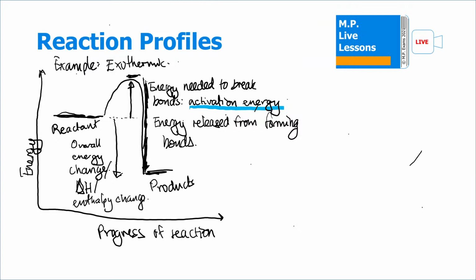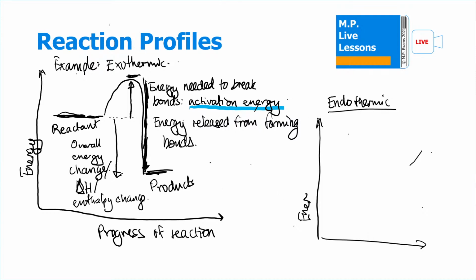Now, the one for an endothermic is slightly different, but still similar. So we'll have the same axes. Energy on the vertical axis, and then progress of reaction or time on the x-axis.